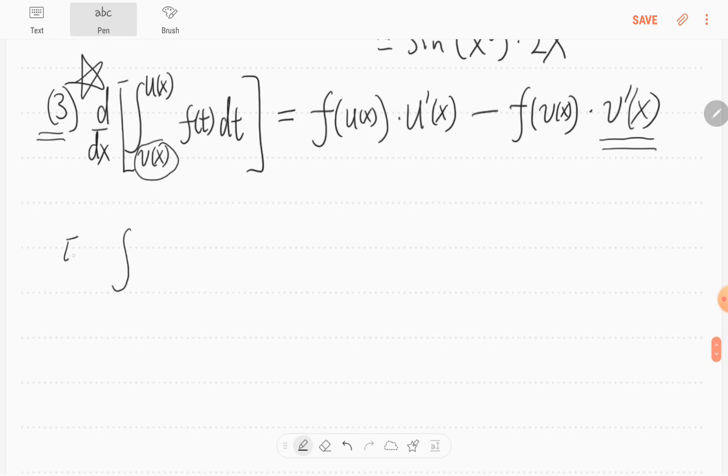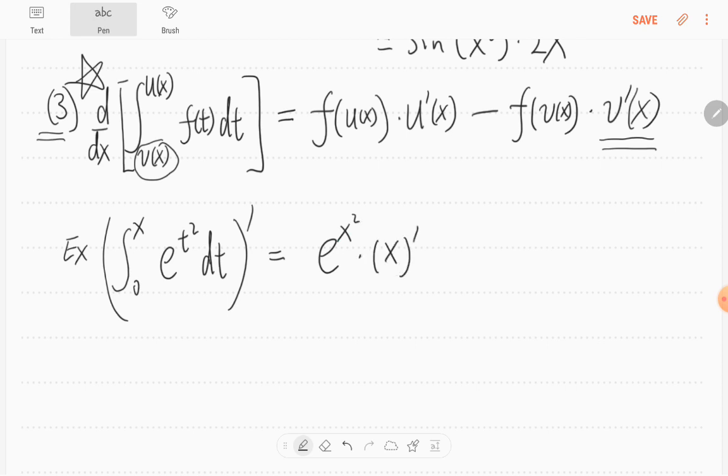So let's look at some examples. The integral from 0 to x of e to the t squared dt. We want to find the derivative about x for this function. So it's equal to, we plug in x squared, right? Then times the derivative of x, minus, we plug in 0, times the derivative of 0, right? We just use the second remark.